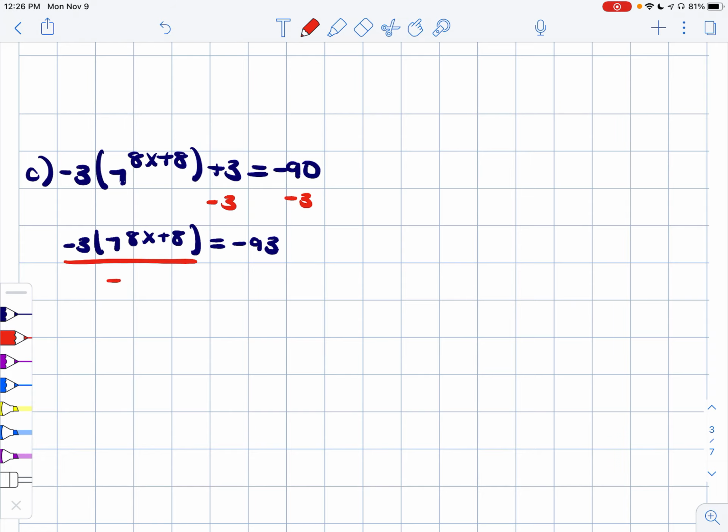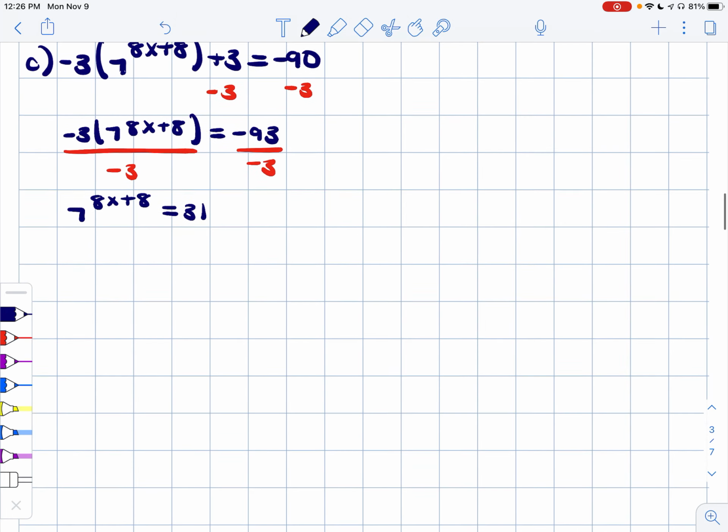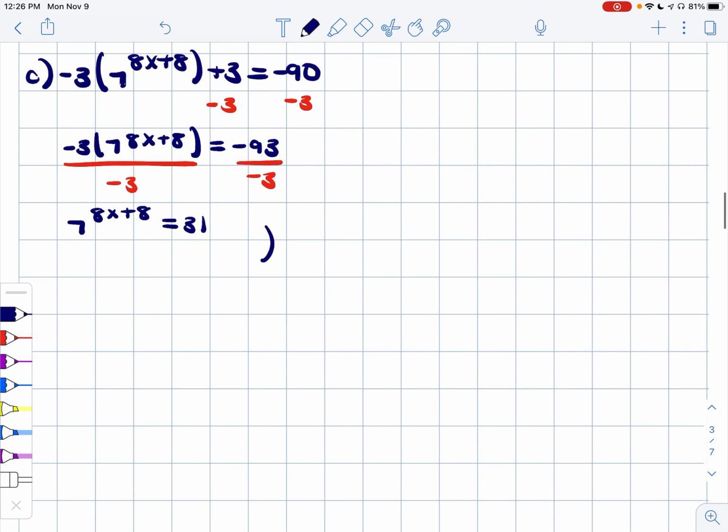Then divide by -3 on both sides, which would give us 7 to the power of 8x plus 8 is equal to 31. Once you've isolated the exponential term, then you can switch it into its equivalent log form, which would be the log base 7 of 31 is equal to 8x plus 8.